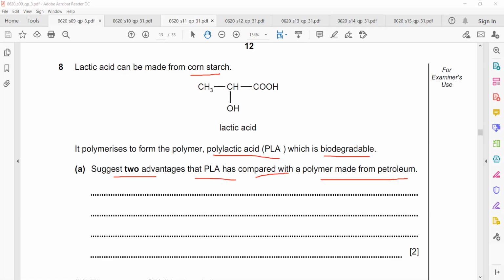So what are the advantages of making a polymer which is biodegradable and where we are using cornstarch instead of making a polymer from petroleum?